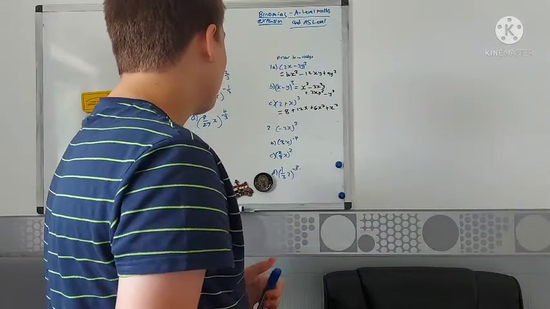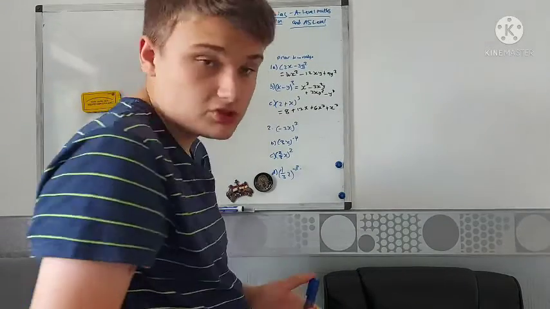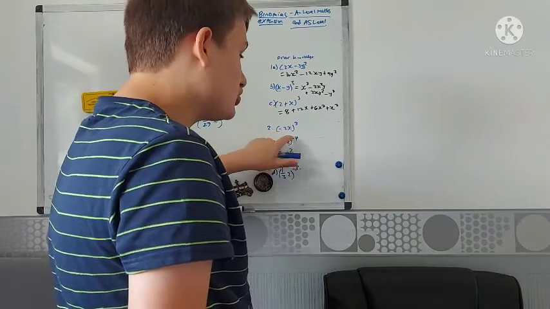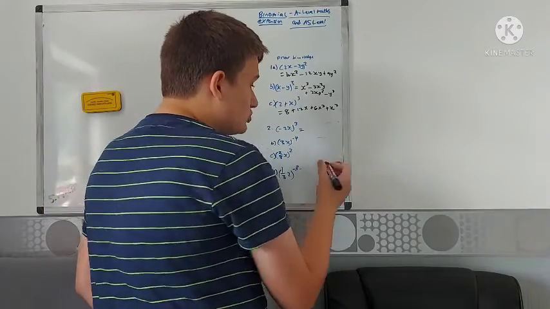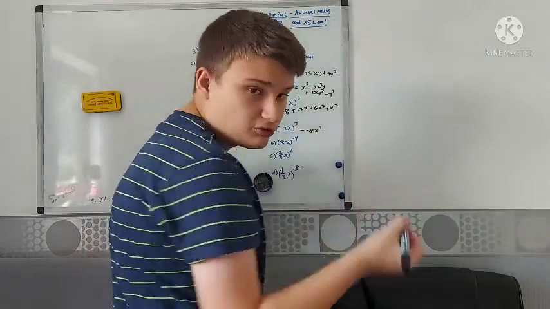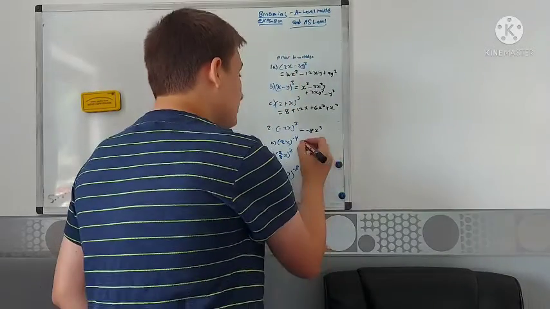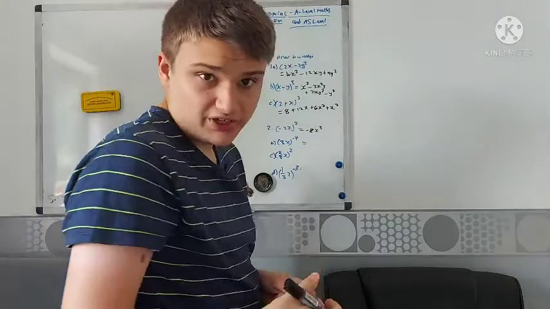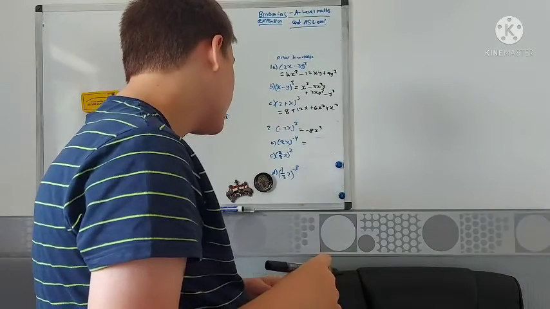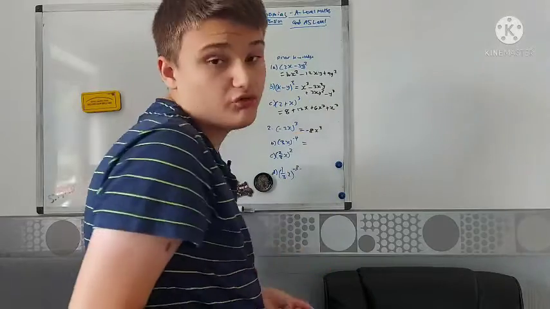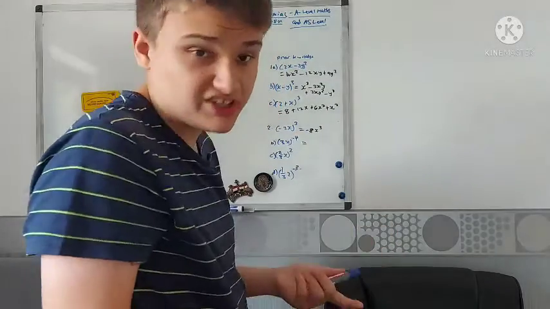For 2, we've got minus 2x all cubed. With our index laws, we have to cube the minus 2 as well as cube the x. So minus 2 cubed is minus 8, and x cubed is x cubed. With this one, I've got 3x all to the minus 4. We can either do the negative first, or sort out the 4 first and then apply the negative.